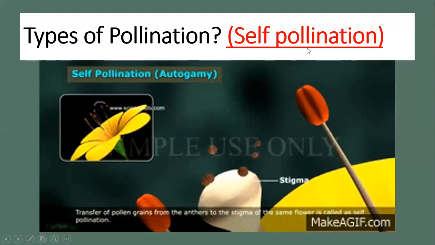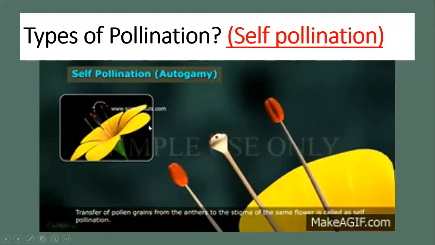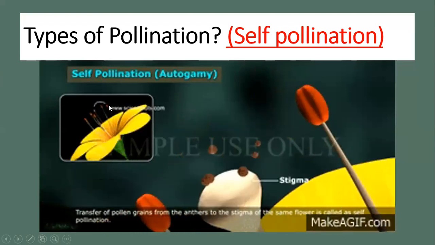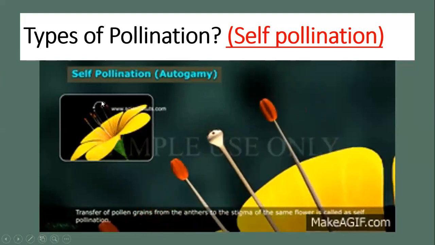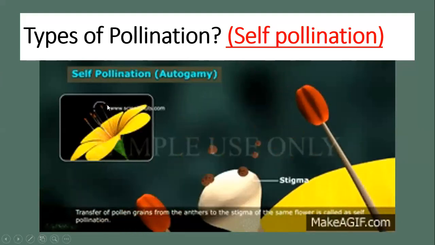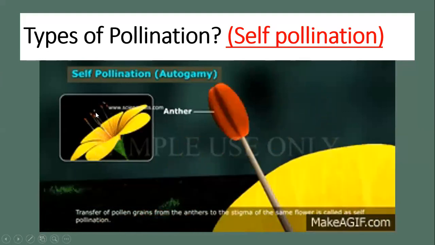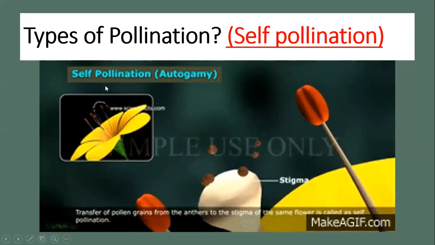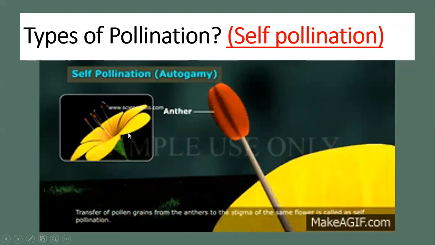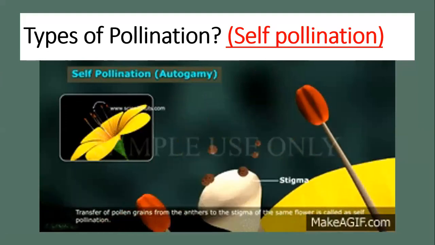self-pollination. Okay, as you can see here, pollen grains are going from the anther to the stigma in the same flower. This is self-pollination.